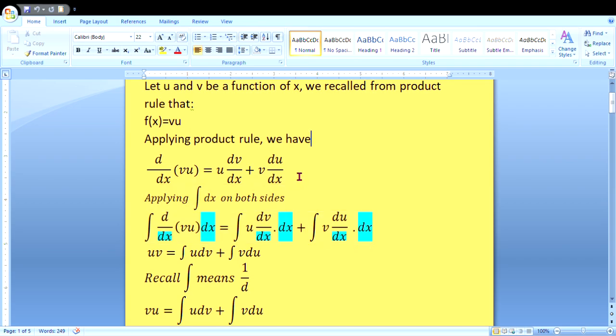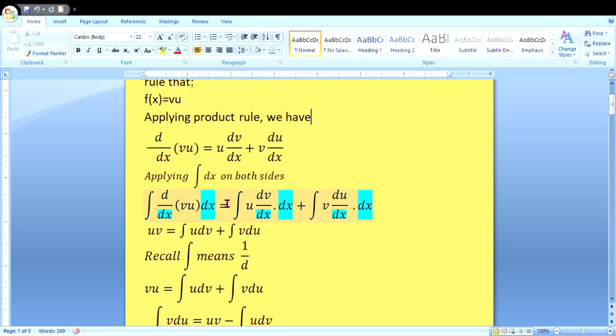We are integrating throughout with respect to x. Now you can see that the dx goes off with the dx here, and similarly for the others.